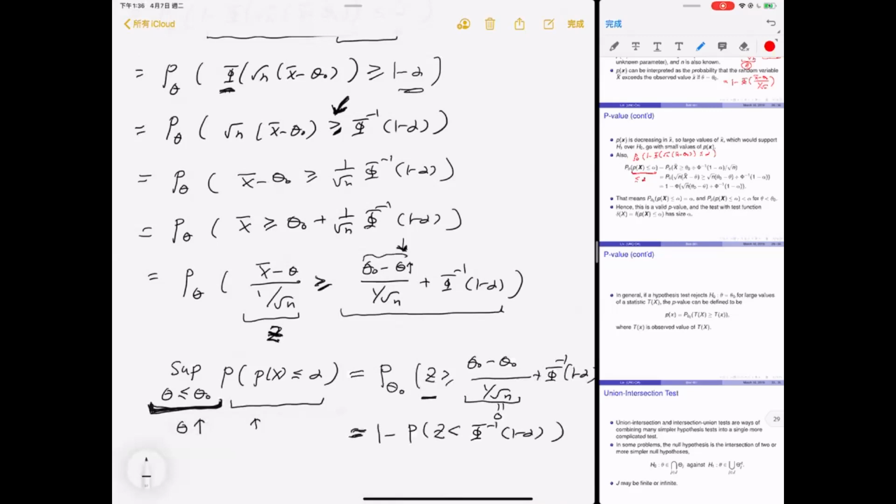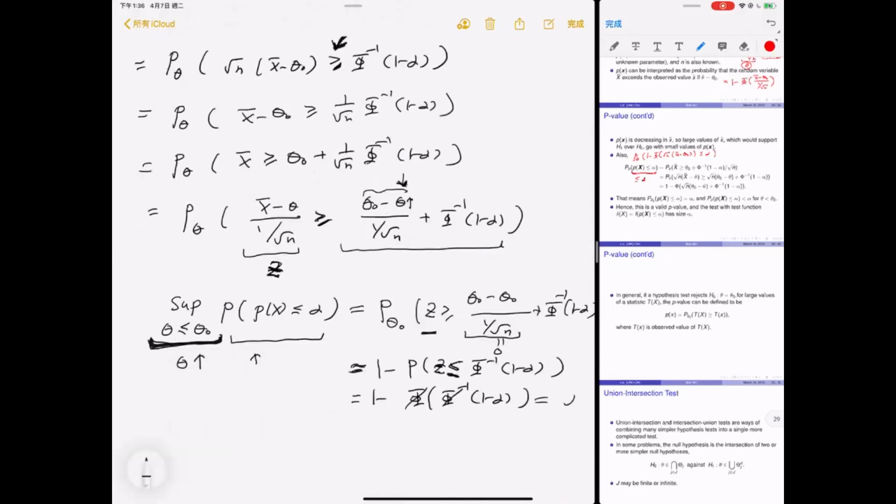It's fine. So z is normal 0, 1, that means 1 minus phi, then phi inverse of 1 minus alpha. That means this guy cancels out, 1 minus 1 plus alpha, then becomes alpha.